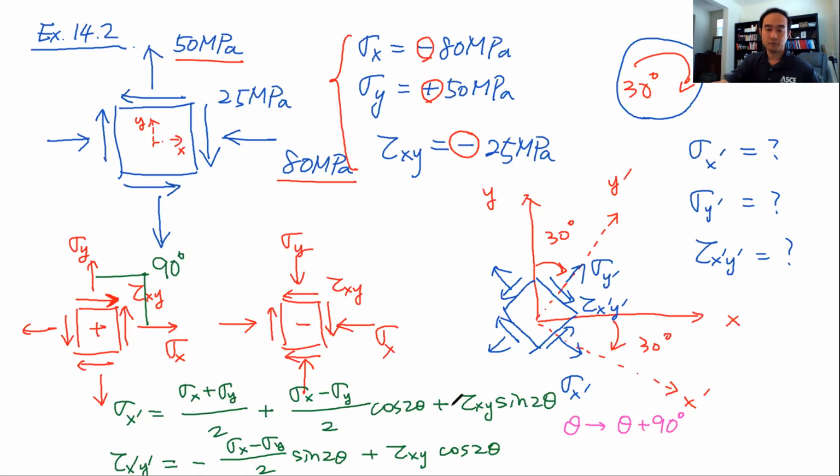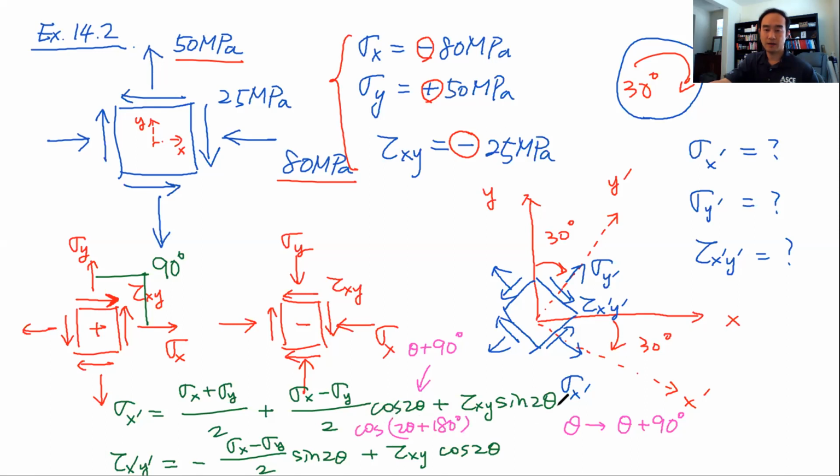When you do that, what happens is this term is going to be exactly the same. This term now and this term will be affected by this theta, the angle change. When you substitute theta plus 90 into here, then what happened? The cosine of 2 times this, so it's going to be cosine of 2 theta plus 180 degree.